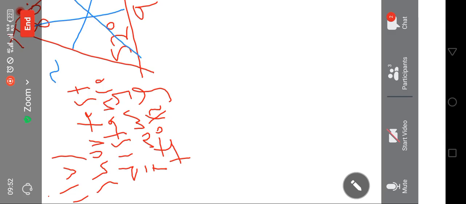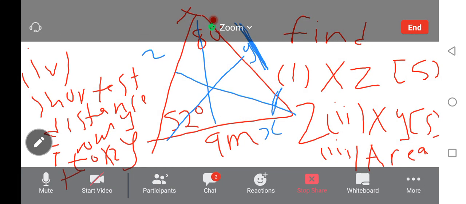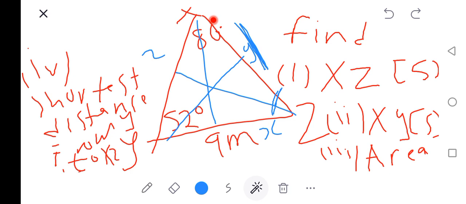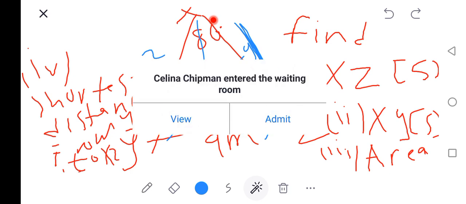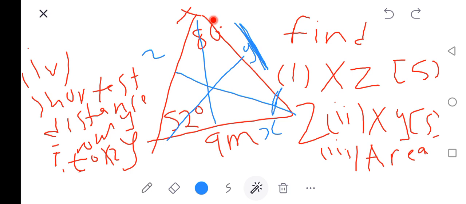So our answer here, this angle here is 48.